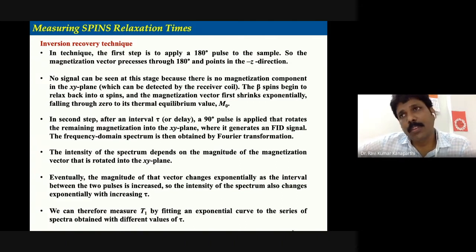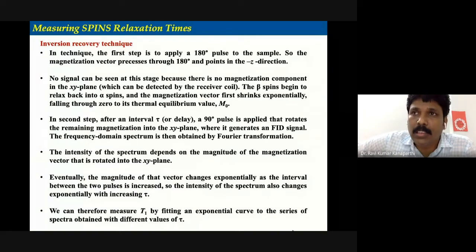If you apply a 180-degree pulse, the net magnetization vector will be pointing towards the negative Z direction, and it will be precessing. As long as the pulse is on, it will be precessing in the negative Z direction. So that's what happens. How do we apply pulses?